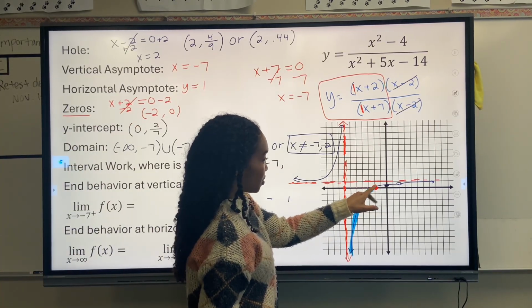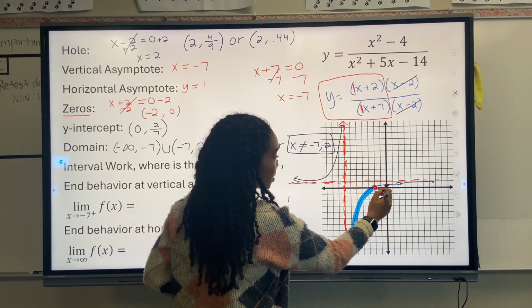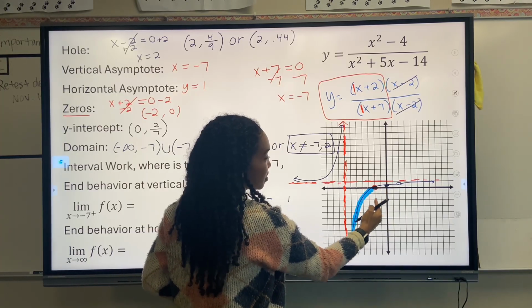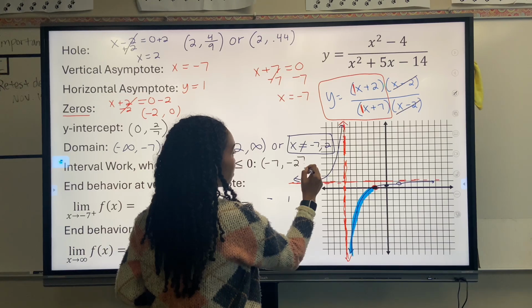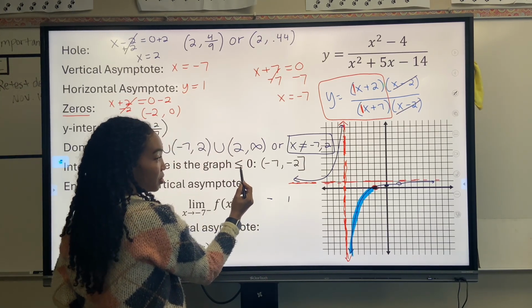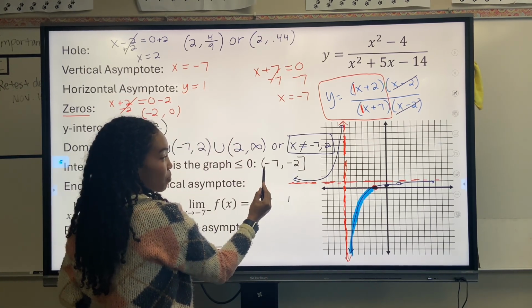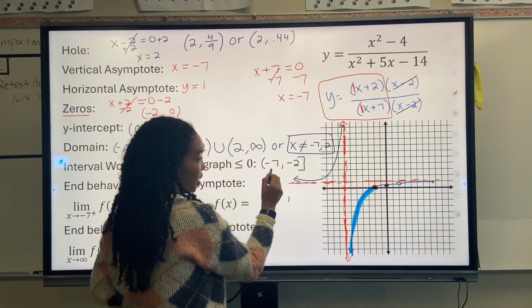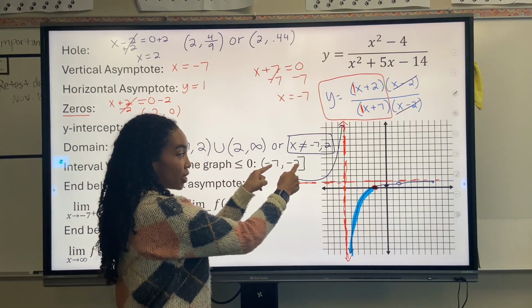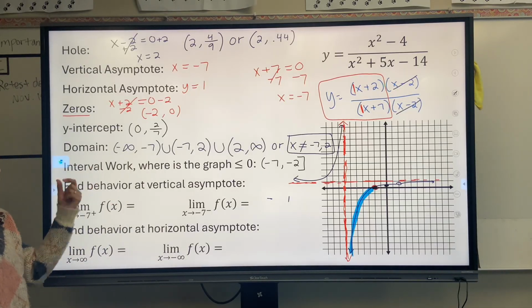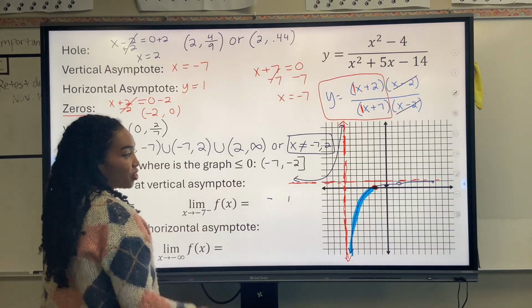And it's equal to 0 right here at the x-intercept, and that is the x value -2. I'll put a bracket since you can be equal to 0. I put a parenthesis at -7 because you can't equal the asymptote. So this is the interval where the graph is less than or equal to 0.